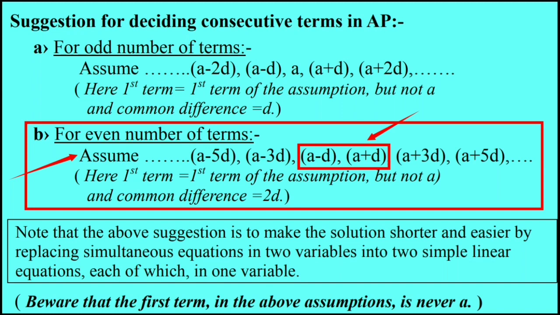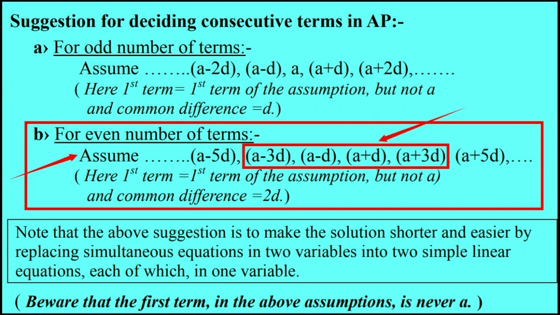And again be very careful that A minus D represents the first term and A plus D represents the second term. But the very important point here is the common difference. Here the common difference is 2 times D, that is 2D.